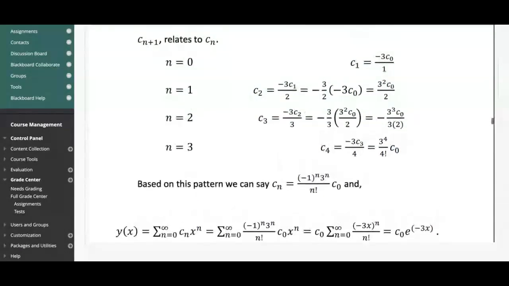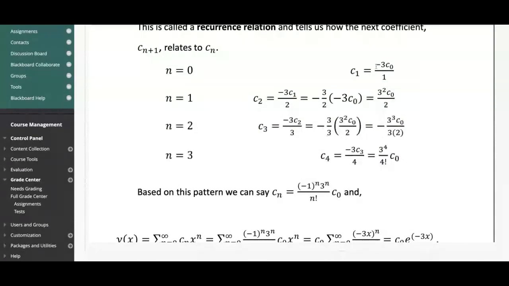So you will see, we find a pattern of this. We have negative 3, negative 3 squared, negative 3 cubed, negative 3 raised to 4. So we see negative 3 raised to n.